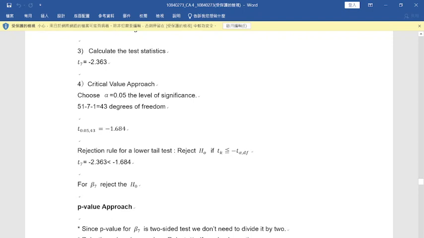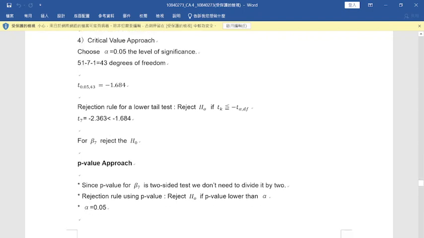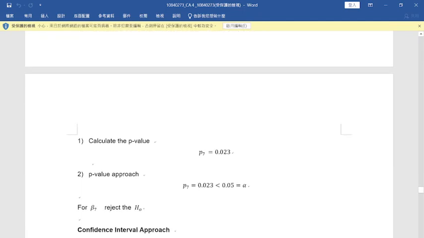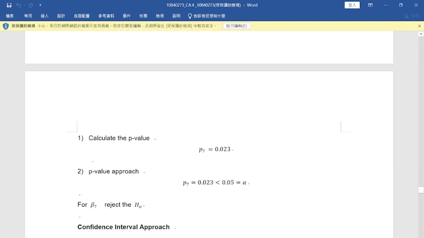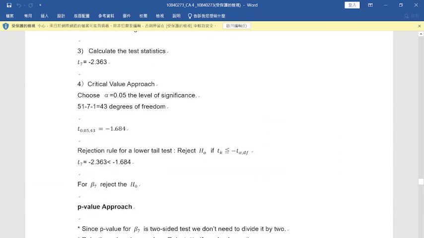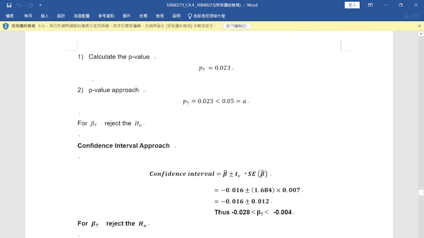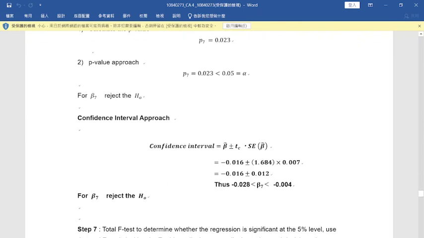But according to my p-bar approach, we reject the hypothesis for metro. And here is the confidence interval approach. I use this formula, and beta hat is minus 0.016 plus or minus t confidence. This is the two-sided critical value.